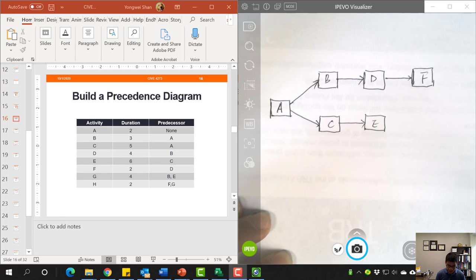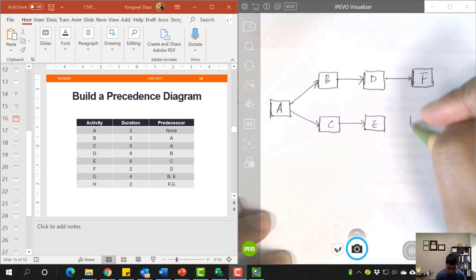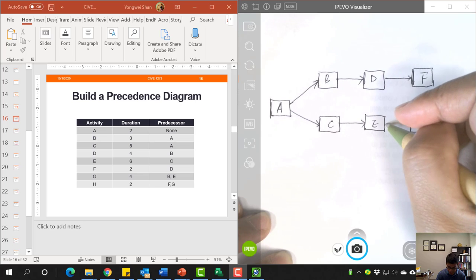And G is dependent on B and E. That means there should be 2 lines coming into the activity G.